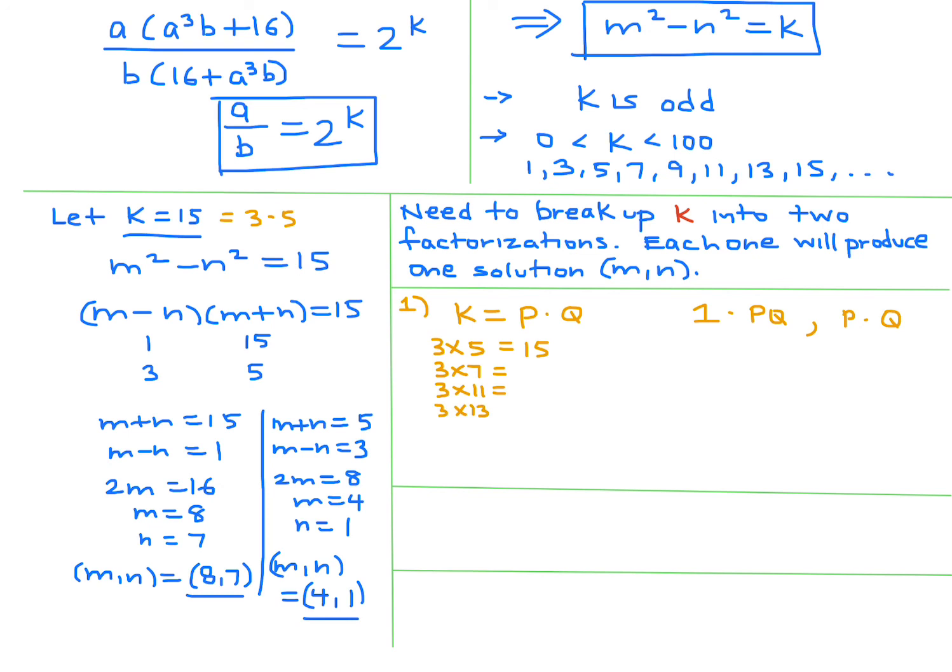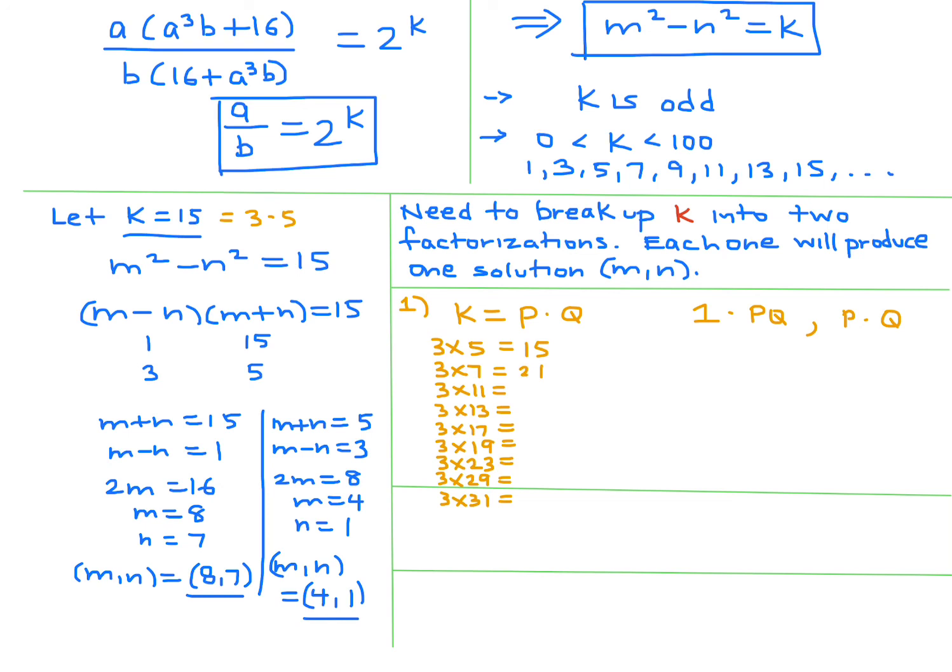3 times 13, I'm doing all the 3's now. 3 times 17, and you notice I'm only using prime numbers. 3 times 19, 3 times 23, 3 times 29, and 3 times 31. At that point, we start getting numbers that are greater than 100, and we don't want that because our range is between 0 and 100.